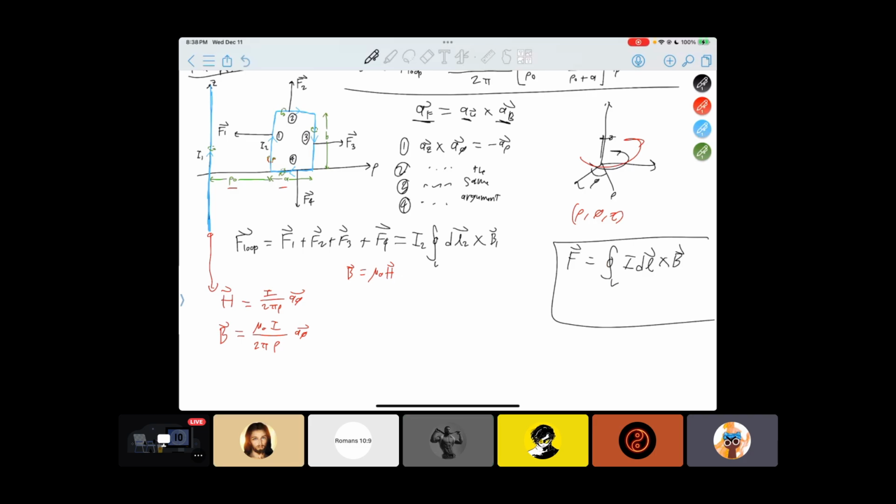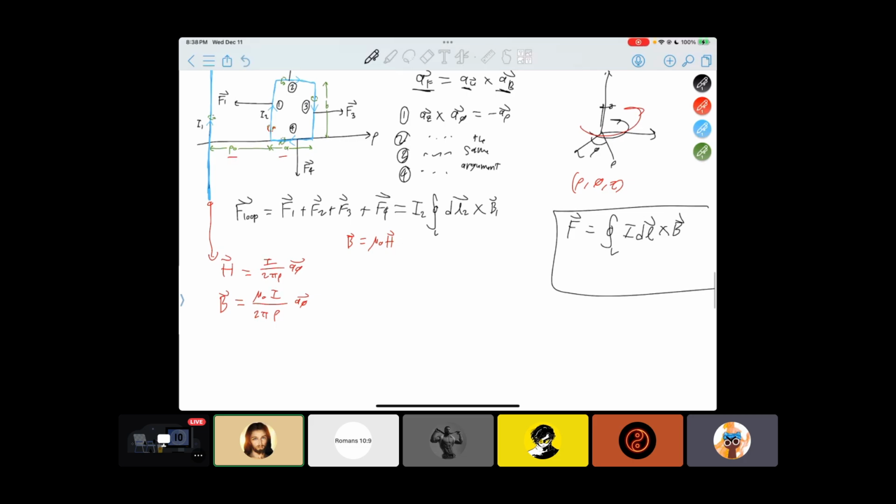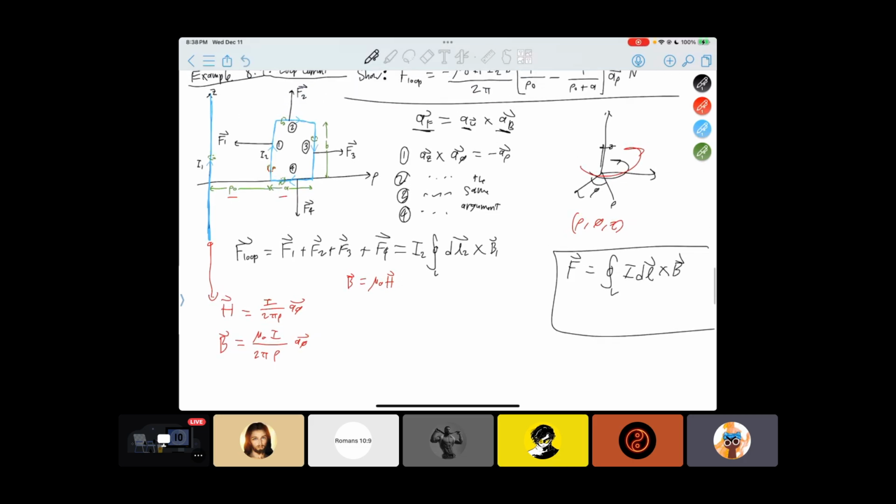Yeah, I think that's right. That would make sense because we're trying to find the force on the loop, so we're gonna need the current from the loop as well. The I is gonna be from the loop, and the current from the loop is I2. So that's why we have that.